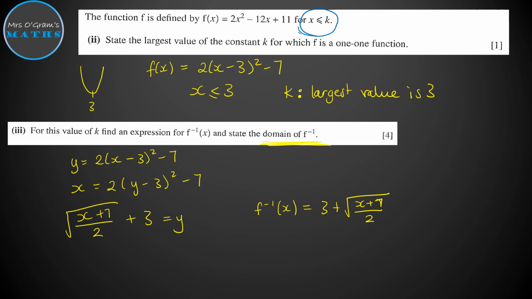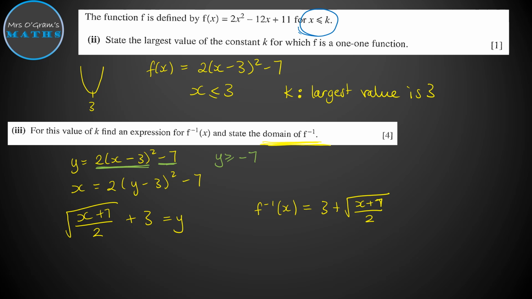Easiest way to think about it is what the range of f could have been. So over here, this expression can be anything that's greater than or equal to -7, because this part here will always be positive, and then you take 7 off of it. So the smallest it can be is -7.